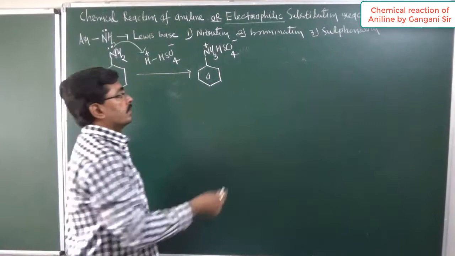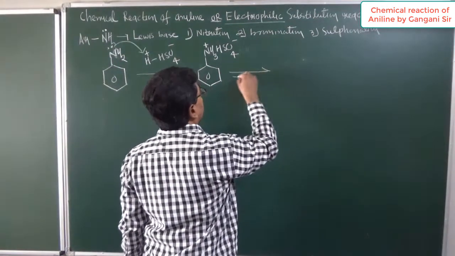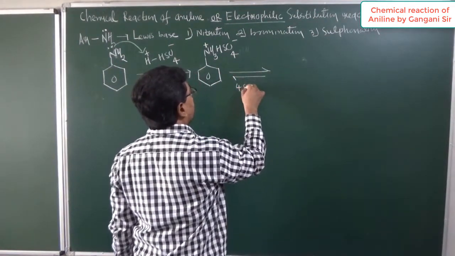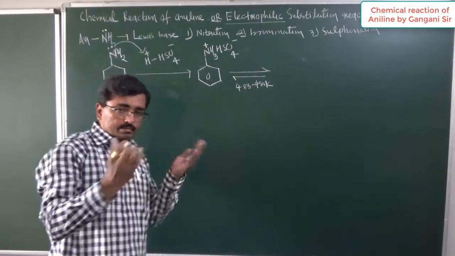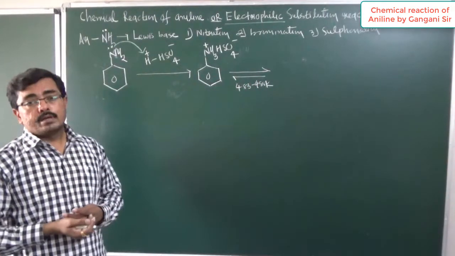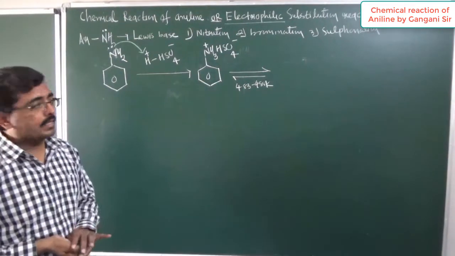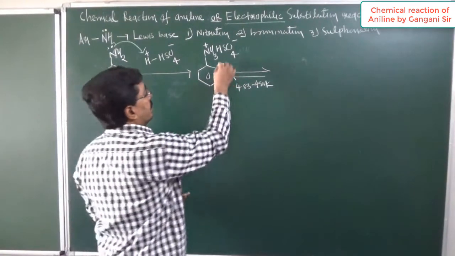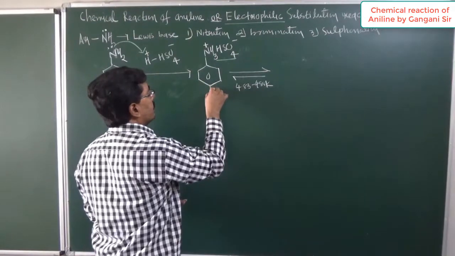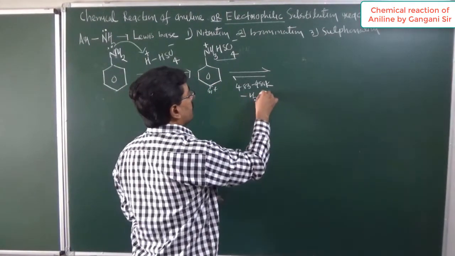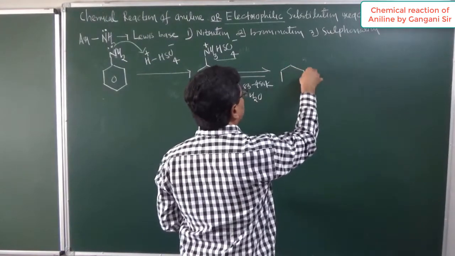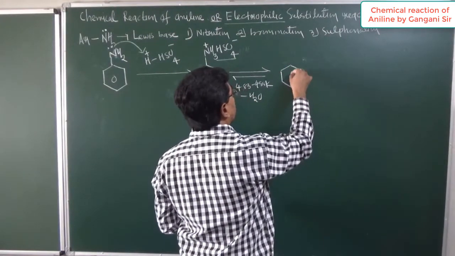Now further heat this salt at a temperature of 483 to 488 Kelvin. Then rearrangement occurs, and during this rearrangement reaction, OH from here and H from here will be removed in the form of a water molecule, and as a result we will get this type of structure.